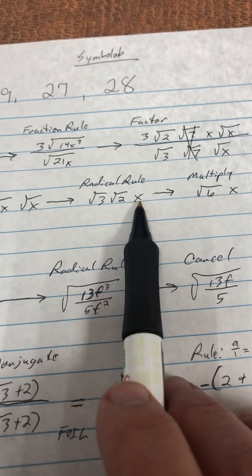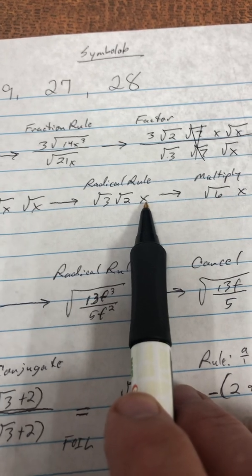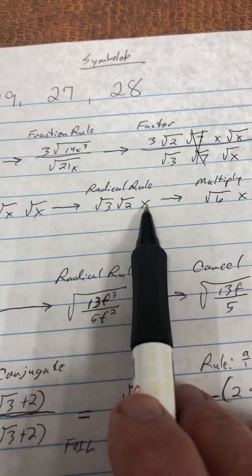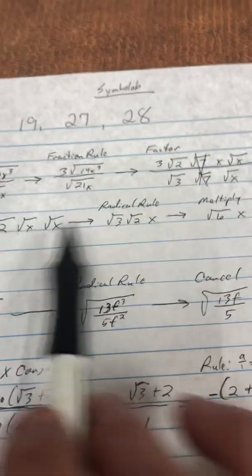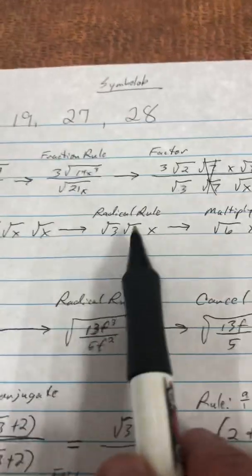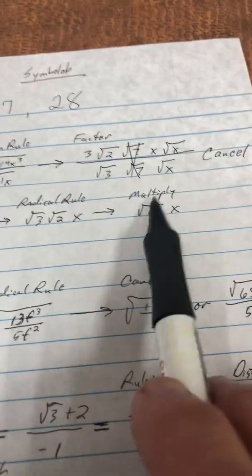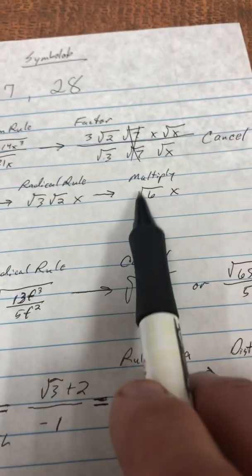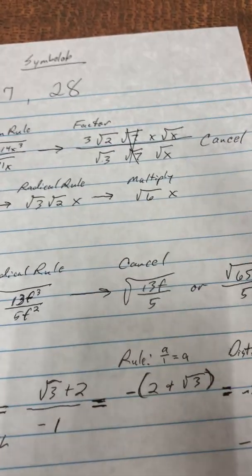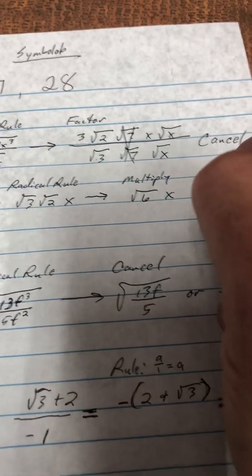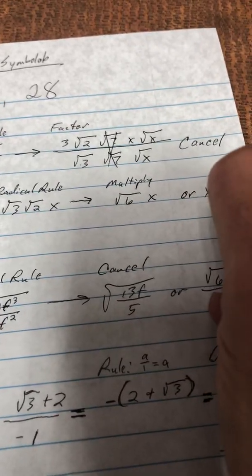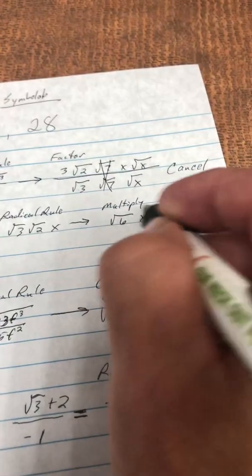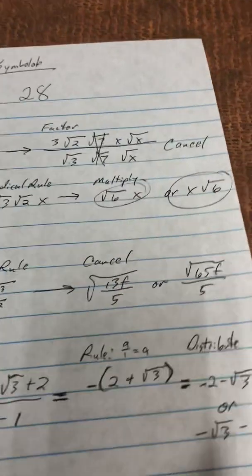So like square root of 2 times square root of 2 is 2, if we knew x was 2. Then you multiply what's under the radicals, 3 times 2, you have square root of 6. So your answer is square root of 6x, or I guess it could be written like this, x square root of 6. So either way would be good.